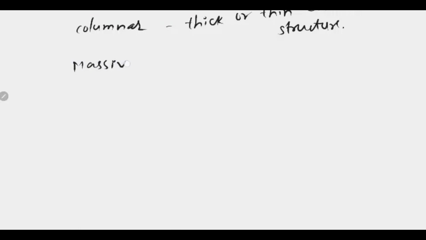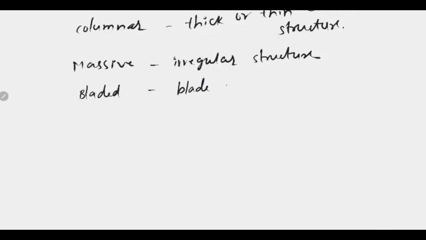Massive structure means when the mineral has an irregular structure. Irregular structure is known as a massive property. And the final one, bladed property, when the mineral has a blade-like structure.